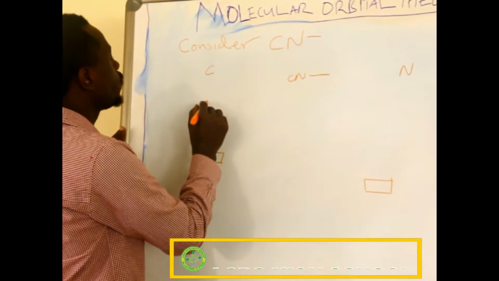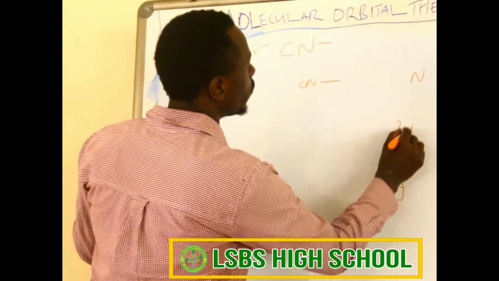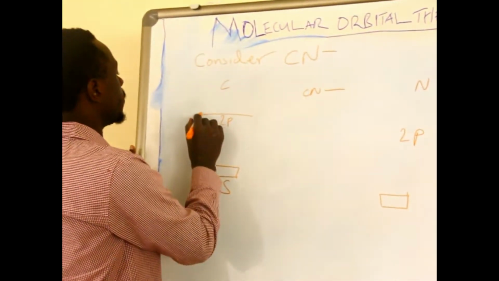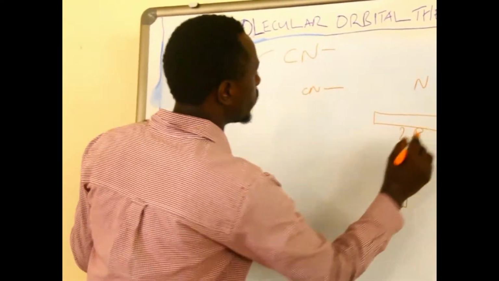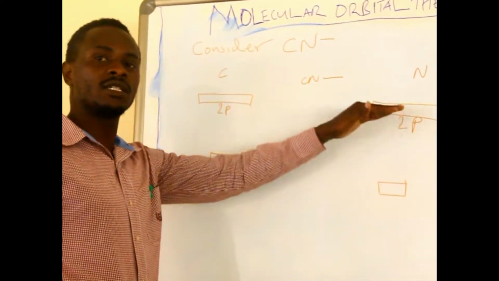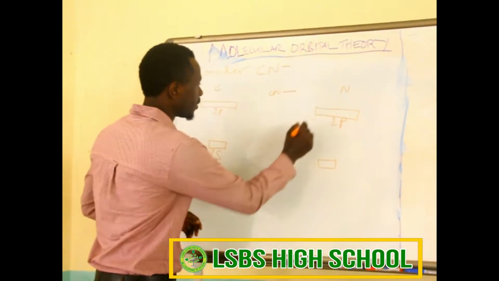Then we have 2p and here we have 2p. Again, this 2p will be somewhat below this 2p because nitrogen is more electronegative.